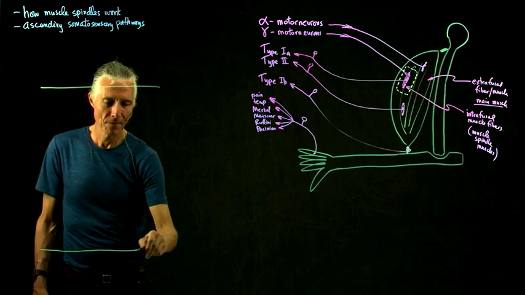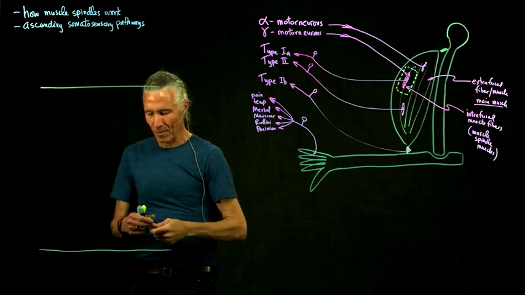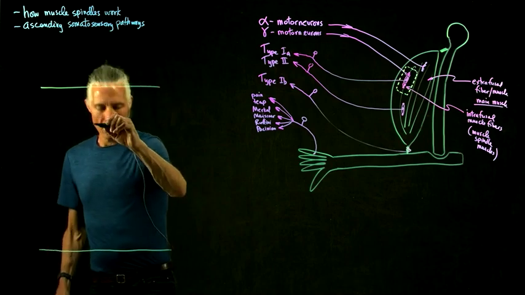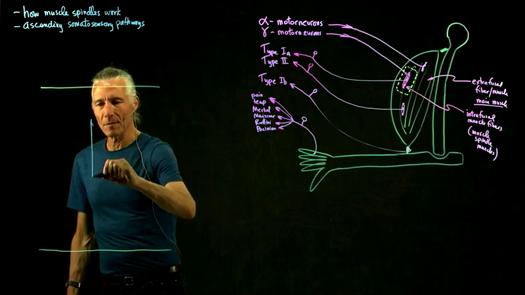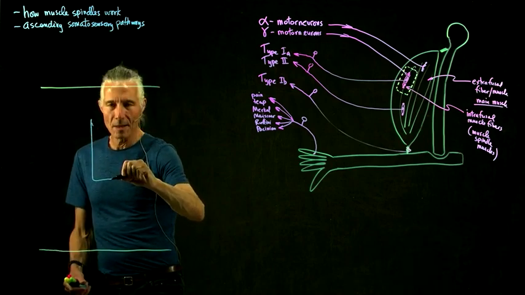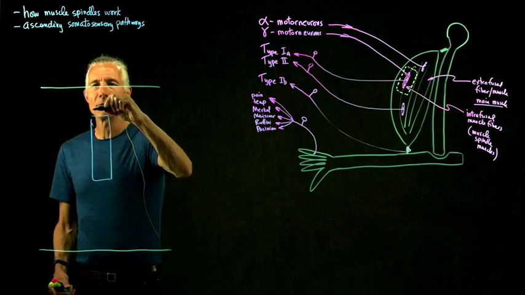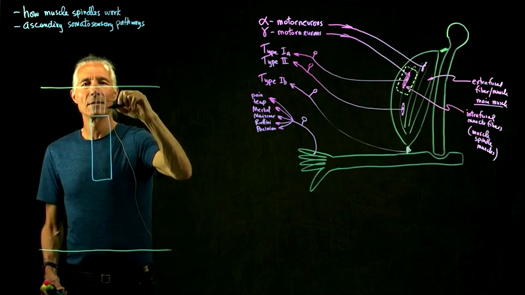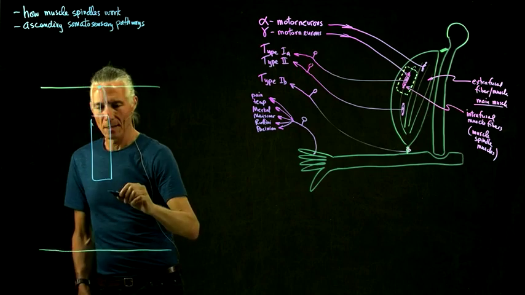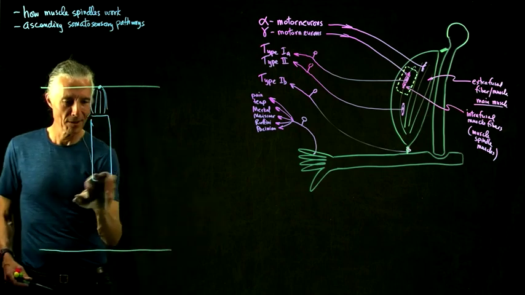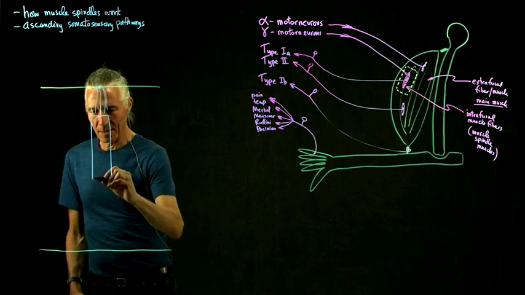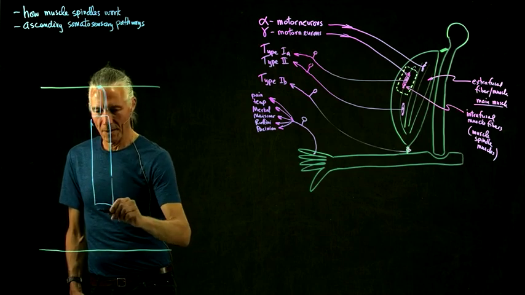Here we have a muscle spindle, and here's the muscle spindle muscle that's attached down to the muscle itself.